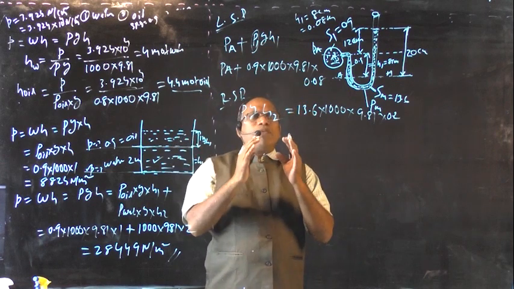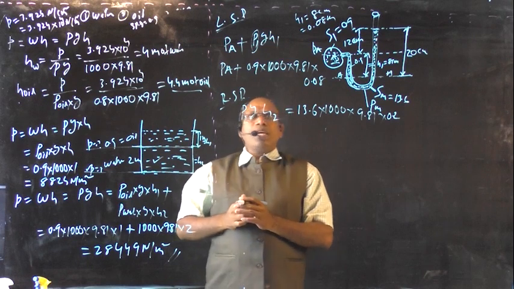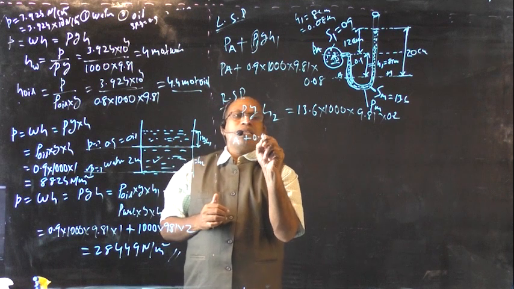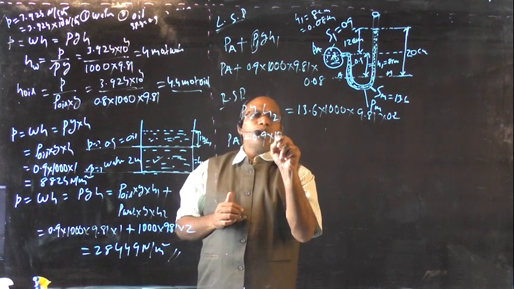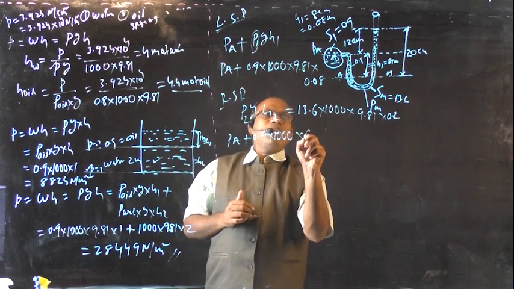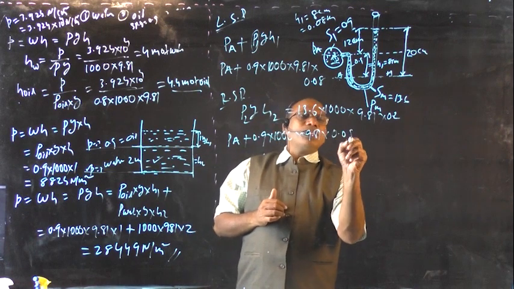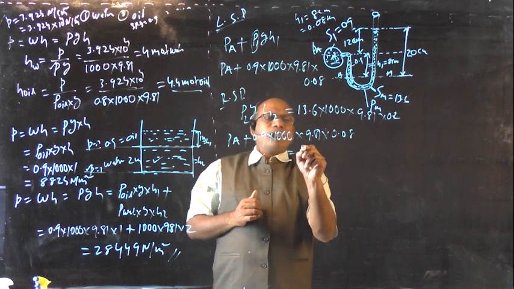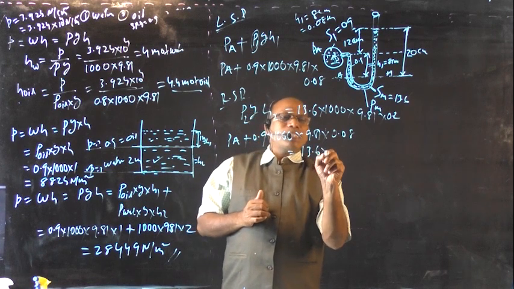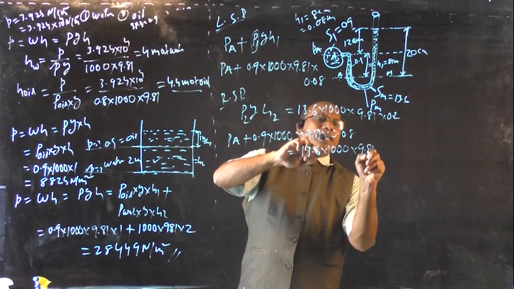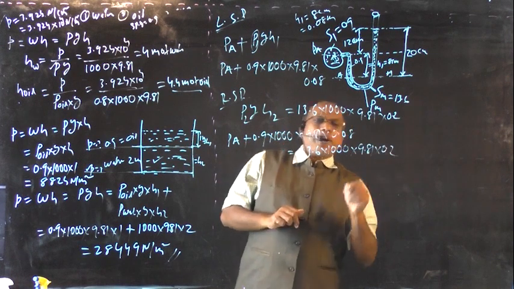Equating these two for equilibrium condition, therefore PA plus 0.9 into 1000 into 9.81 into 0.08 is equal to 13.6 into 1000 into 9.81 into 0.2.